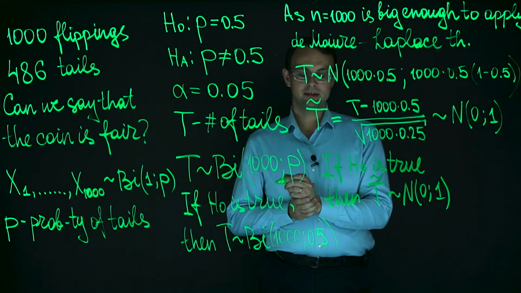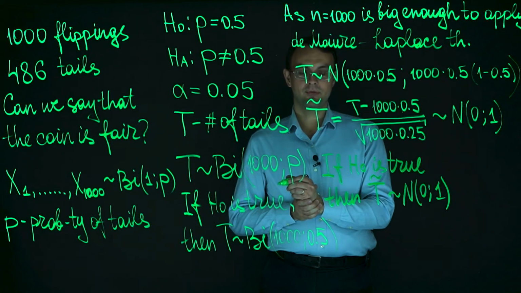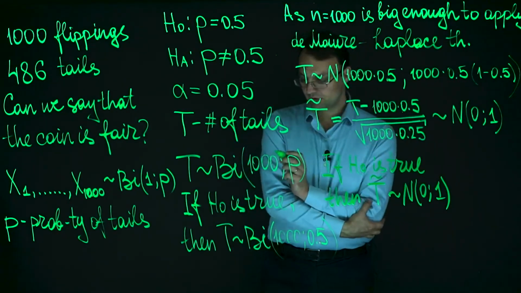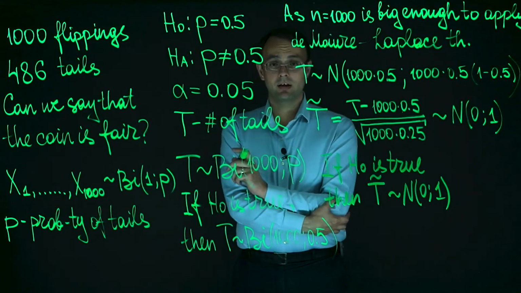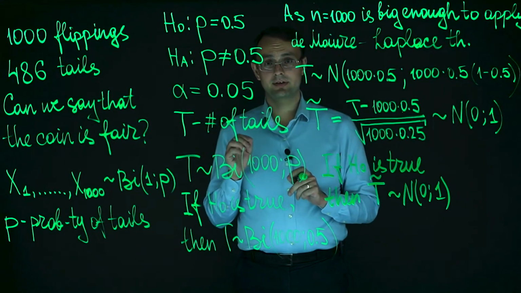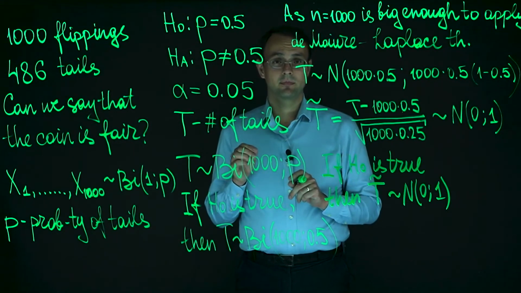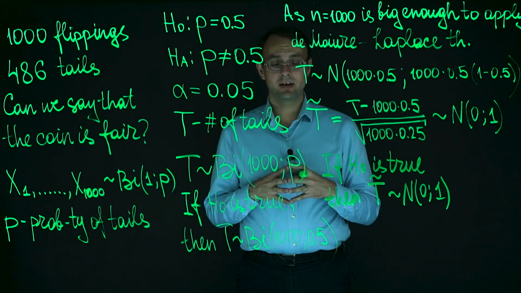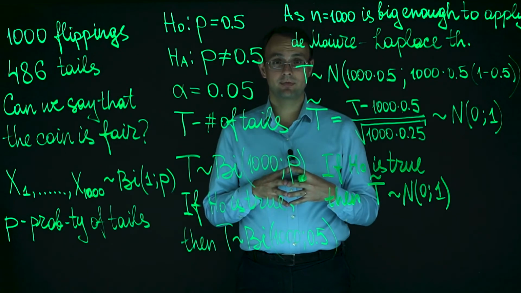So we will need quantiles of standard normal distribution, but we are to find, what is the configuration of the critical region?